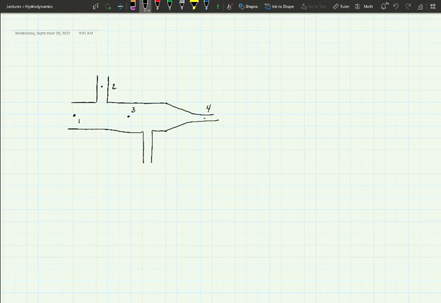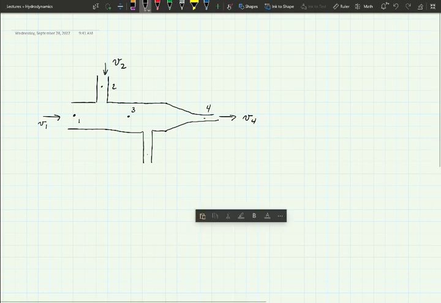Let's see here. So we got V1 going in, we got V2 going in, we got V4 going out, and then this one right here, I want to phrase this way. So actually this is 0.5.